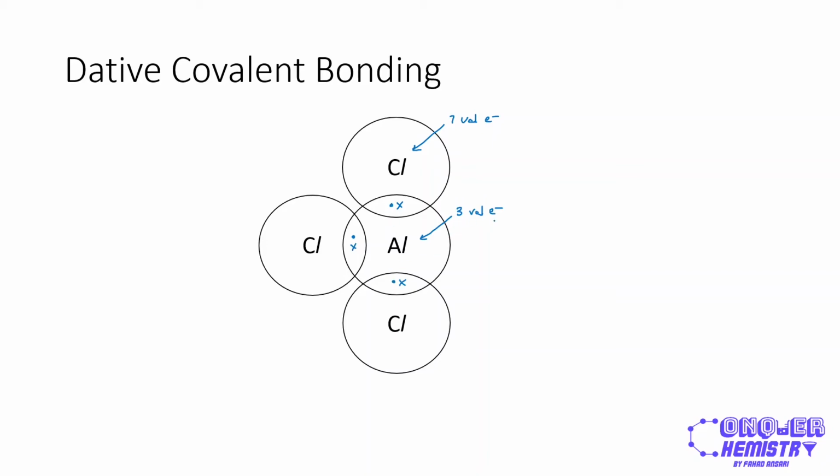So all 3 valence electrons of aluminium are used up. It has no lone pairs. So you can see that the chlorine will have complete outer shells. Just draw them over here. Each chlorine atom will have 3 lone pairs and 1 bond pair to complete its outer shell.